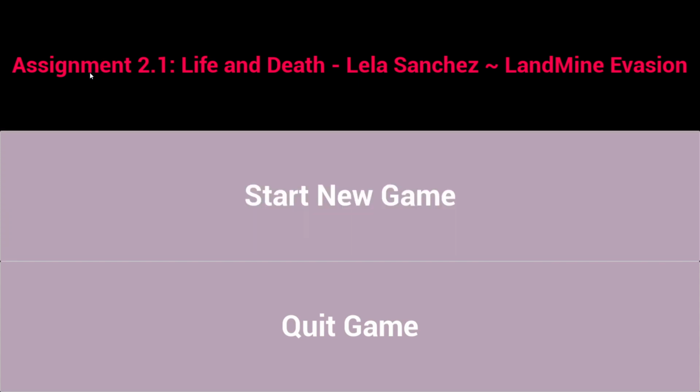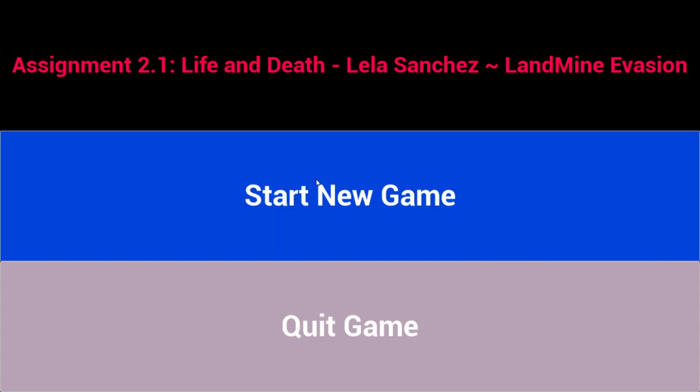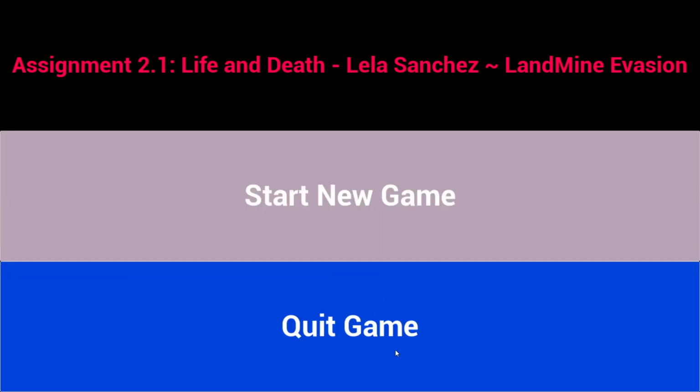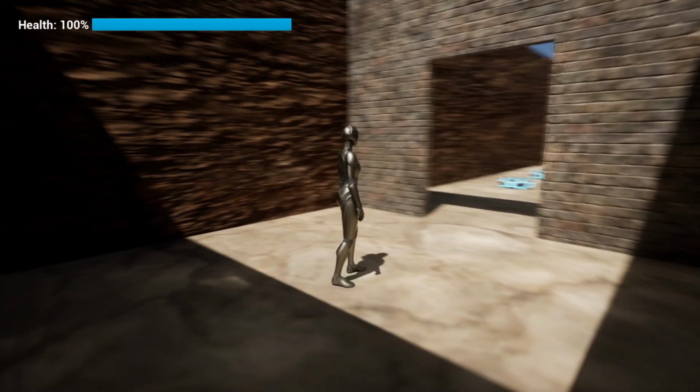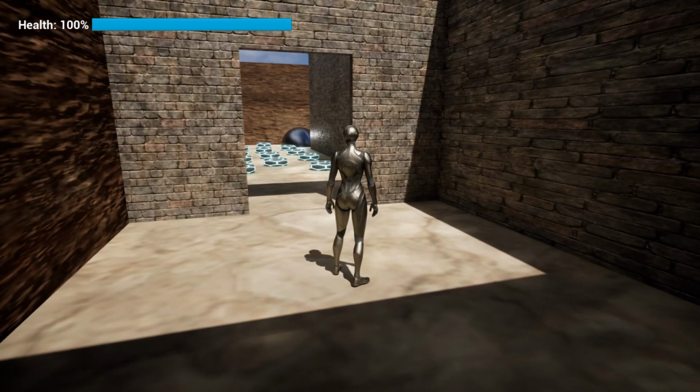Getting into the game, I have my simple start screen, so I could start a new game. I could quit directly to desktop, so I'll demonstrate that first. Actually last, I'll do that last. So we'll start a new game. And we're all loaded in.